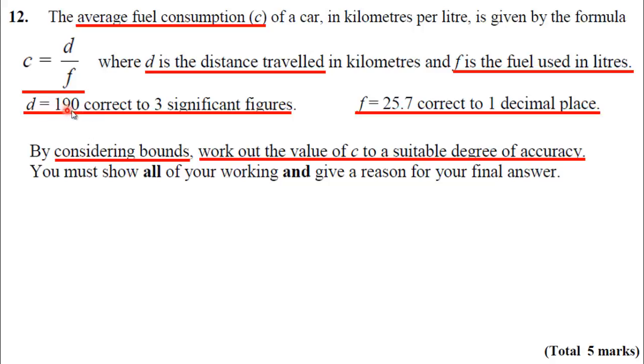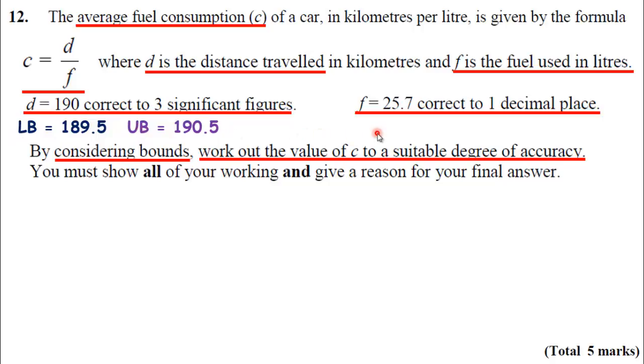It's always increasing by 1. So plus or minus half of 1 to that to give me my upper bound and lower bound. So my lower bound is going to be 190 take away 0.5, 189.5. 190 plus 0.5, 190.5 would be my upper bound. So there's my upper and lower bound.